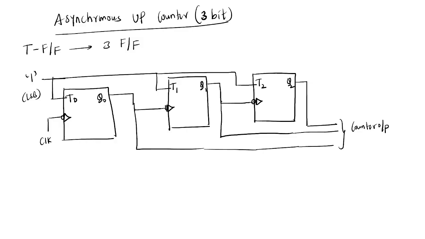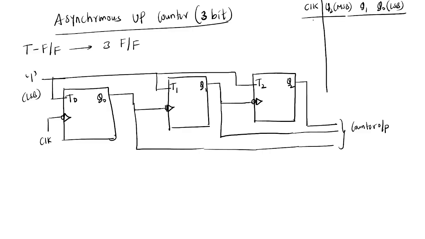First, here I will write the clock and Q2, Q1, Q0. Q2 is the MSB of the flip flop and Q0 is the LSB.